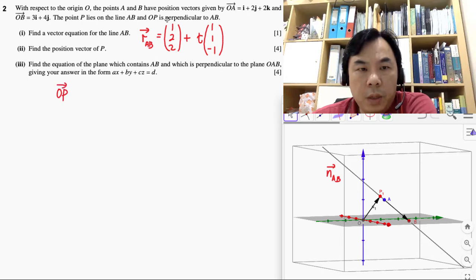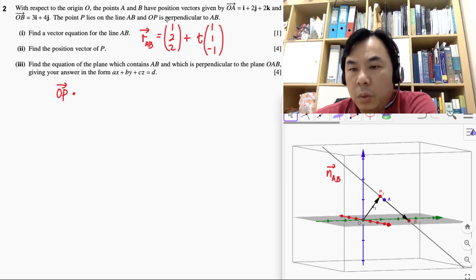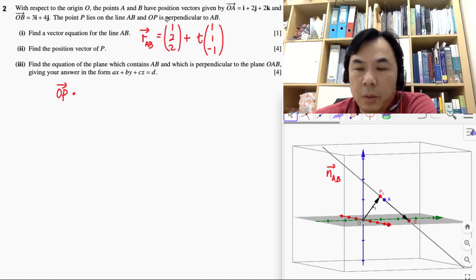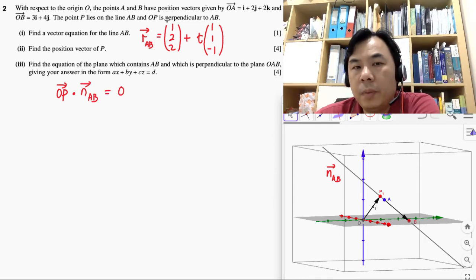Vector OP is perpendicular to the line AB, therefore it satisfies this equation here. The scalar product between vector OP and the direction vector for line AB must be equal to 0 here, right?